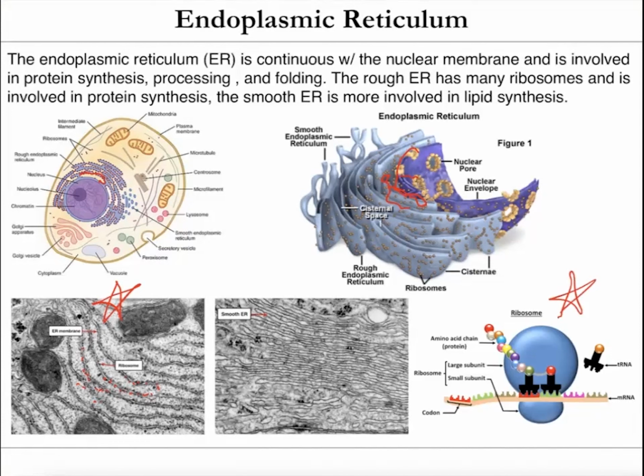They are the factories where you take mRNA and tRNA, as we talked about before, and that's how you get translation, with the polypeptide chain growing from those ribosomes. So the rough endoplasmic reticulum is the site of a lot of protein synthesis and protein processing. Sometimes different parts of proteins need to be cut off from other parts in order to be functional, and also folding. A lot of protein folding has to occur in the rough endoplasmic reticulum.